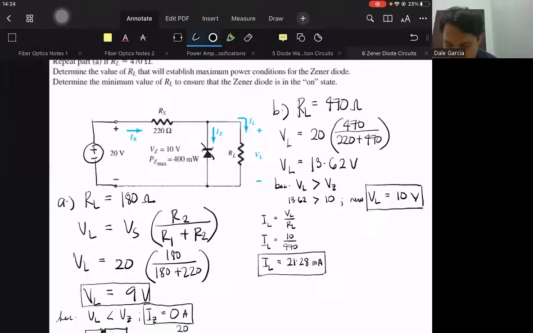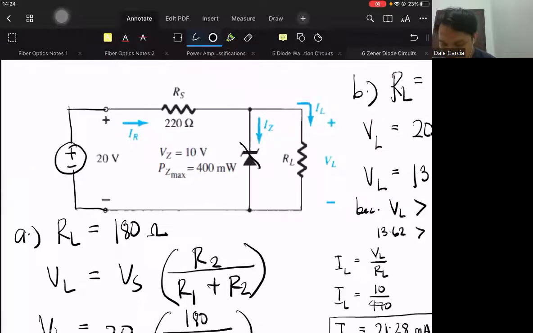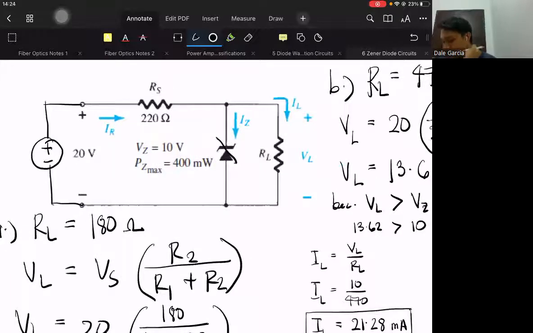Next, would you like to guess how much is the voltage across the 220 ohms resistor?